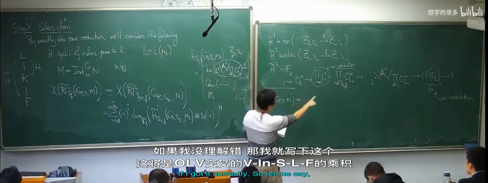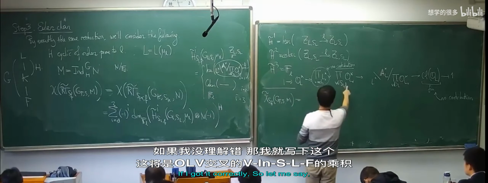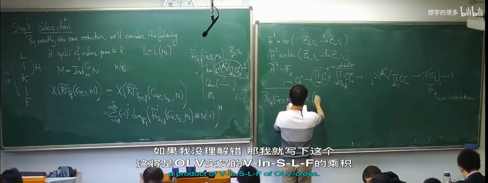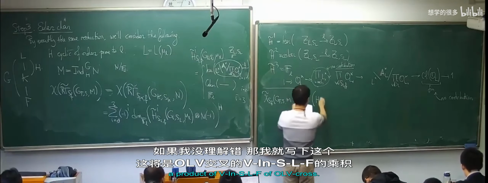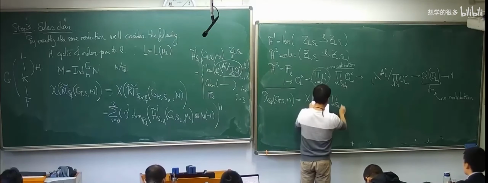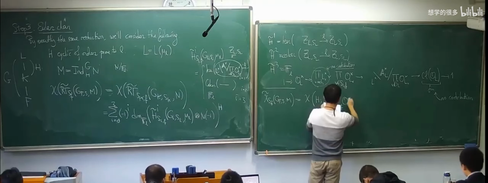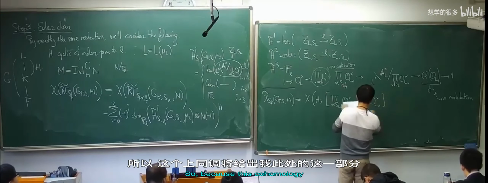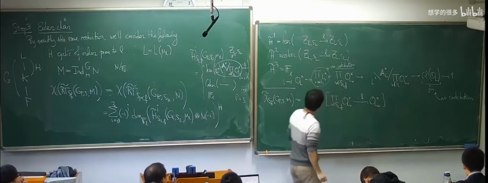If I got it correctly, let me write this. It's going to be the product of v in S_L,F of O_{L,v} cross, because this cohomology will give me this bit here.